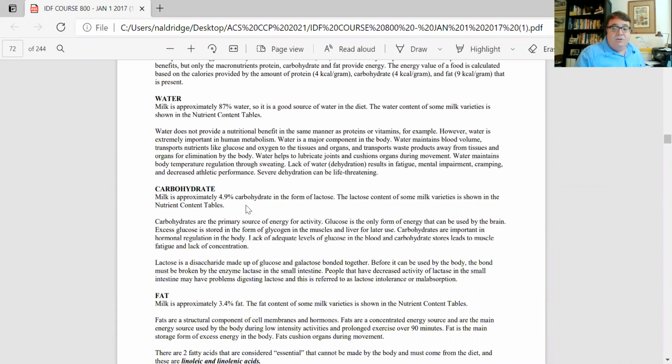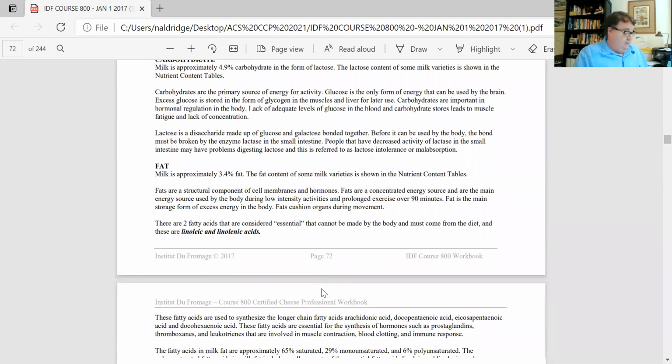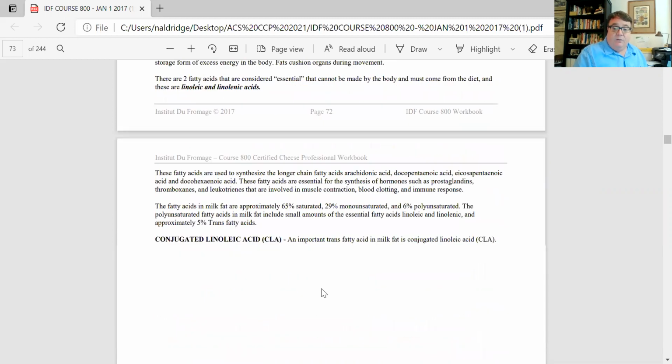But again, milk is approximately 4.9% carbohydrate, in the form of lactose. Know your tiers: water, lactose. What is the bulk of each area? And then, of course, you've got fat. You're going to have fat in your milk. So know about that. Continuing on now to page 73.